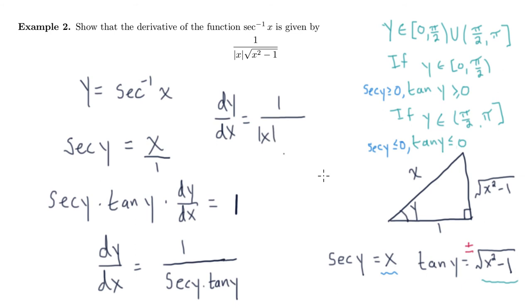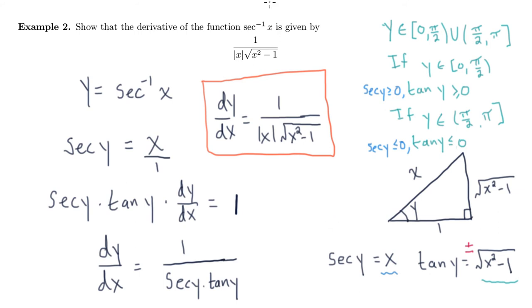It really is x times square root of x squared minus 1, but there's just a compatibility between the signs that actually helps this to always be positive. So we just express that kind of lazily by putting the absolute value on the x. So there's the idea. There's the rate of change, or the derivative, of secant of x.